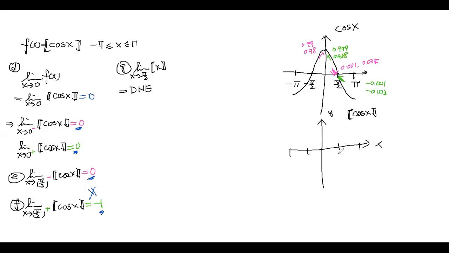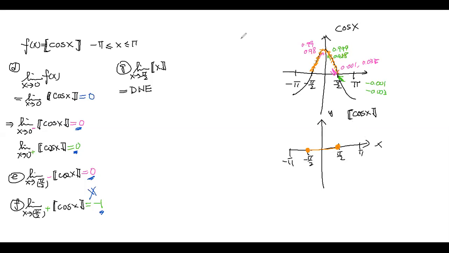Here, this will be pi over 2, this is pi, this is negative pi over 2, this is negative pi. The range of this part is all between 0 and 1. So the greatest integer function will change this one to 0, right? So that's what this curve is going to change to.